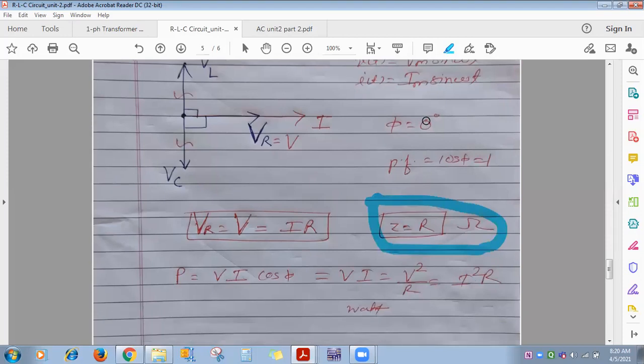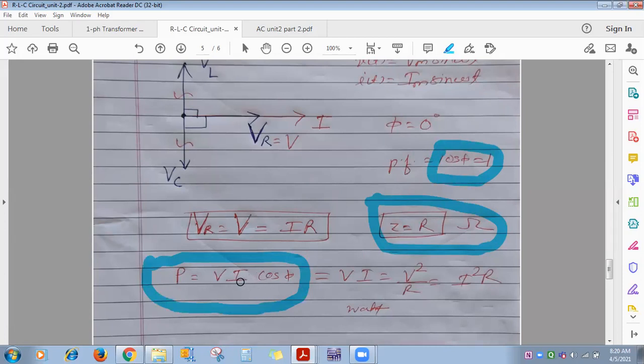Then power, as cos phi is 1. The formula for single phase AC power is VI cos phi. Power dissipated, power consumed, total power or active, true and real power is capital P equals VI cos phi.